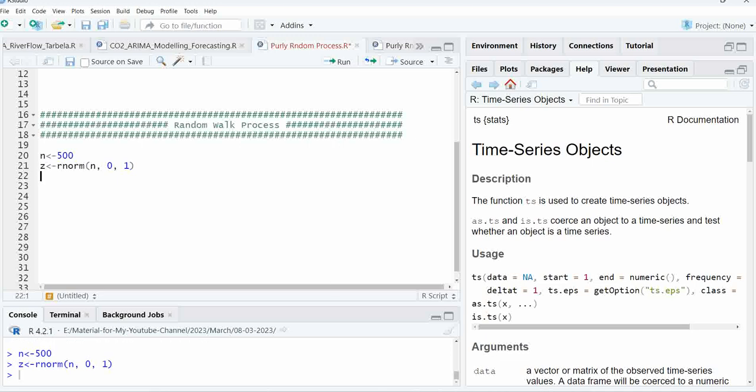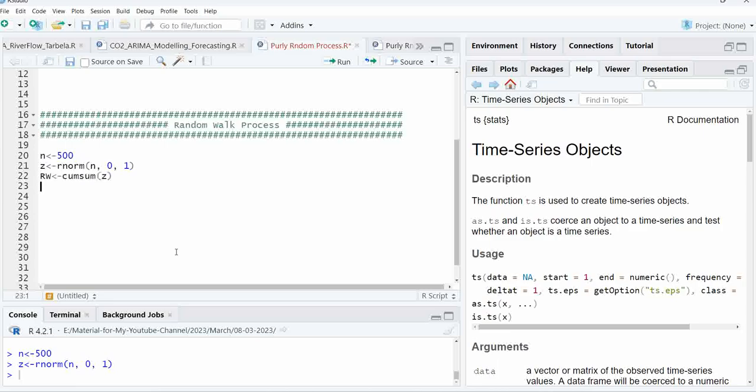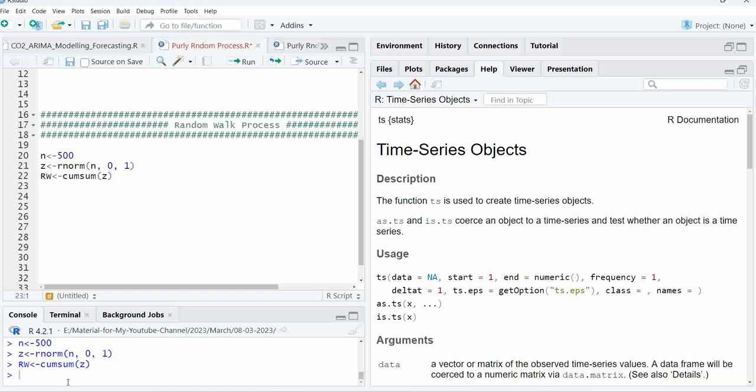And now I need to use the function cumsum. The random walk is assigned to this function, and this will sum the purely random process. I need to talk a little about how this function works.